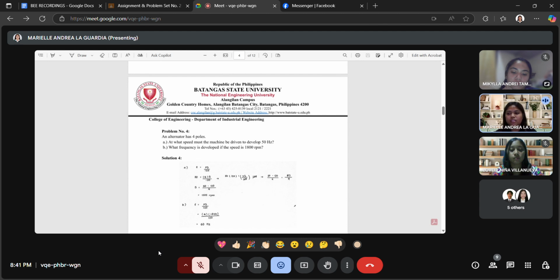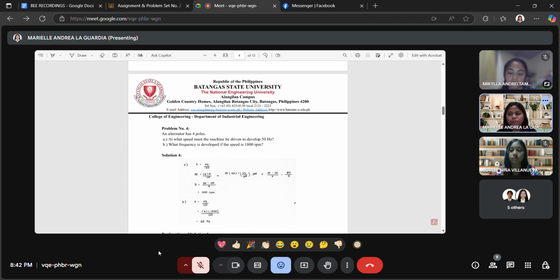We will substitute the given values, P equals 4 poles and F equals 50 Hertz, which gives us the equation 50 equals 4 times S over 120. Now to solve for the speed, we multiply both sides by 120 and divide both sides by 4, which results in 1500 RPM.